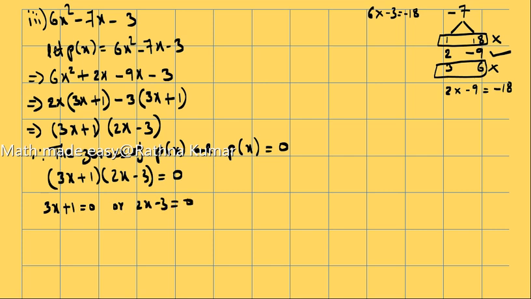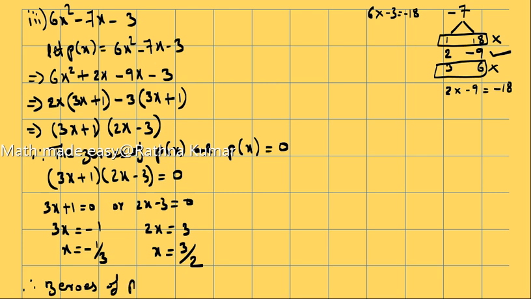If this is equal to 0, 3x = -1, x = -1/3. If this is equal to 0, 2x = 3, x = 3/2. So therefore the zeros of p(x) are -1/3 and 3/2.